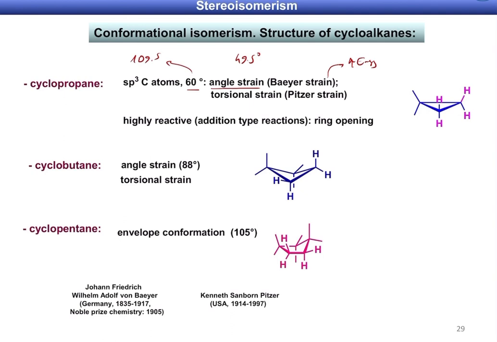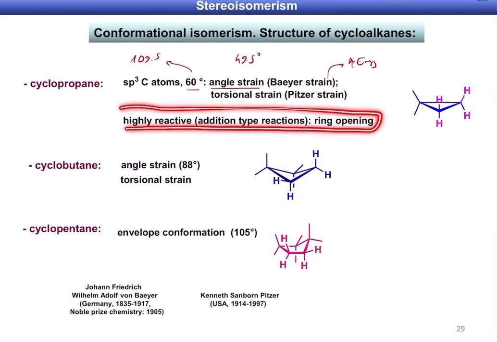Highly reactive, okay, because of this energy, and because of repulsion and the higher energy, the hydrogens are all eclipsed, it's a torsional strain or Pitzer strain. And because it is very reactive, reaction mostly with ring opening can happen.